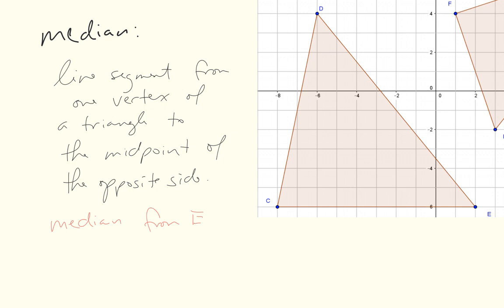We could calculate that midpoint, but I'm pretty sure that you would agree that that midpoint is right here. If we did the math, we could figure it out, but here it looks like it's at -7, -1. And of course, this would be the midpoint of CD. So we are drawing a line that goes from E to that midpoint that we calculated, something like that.